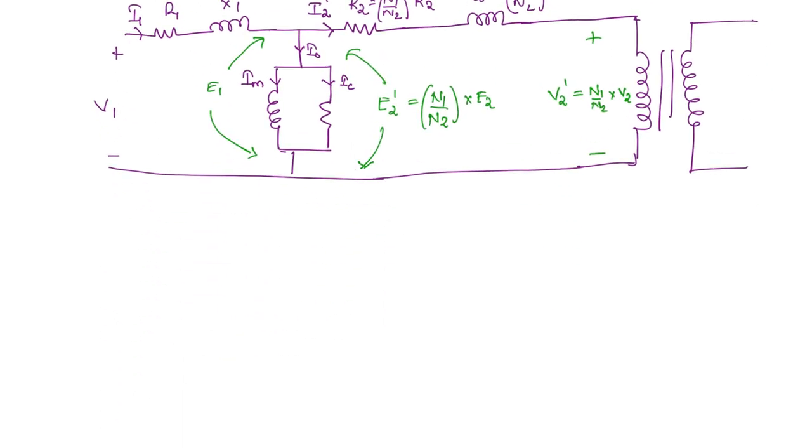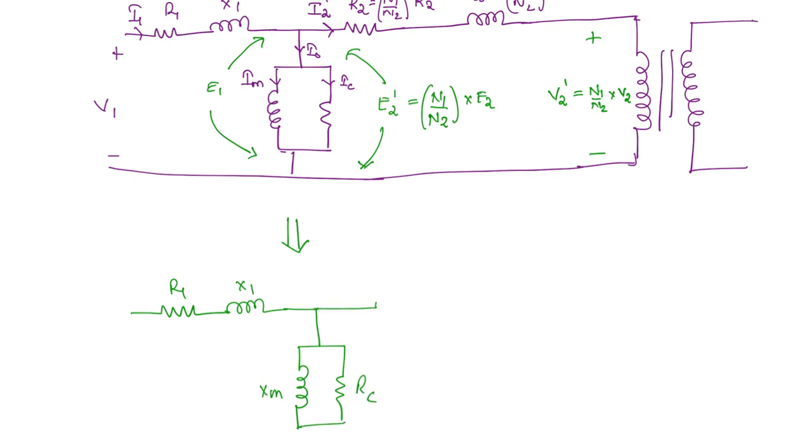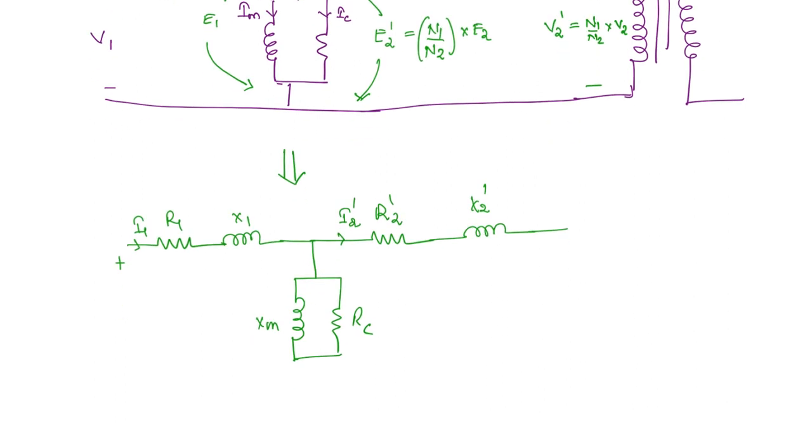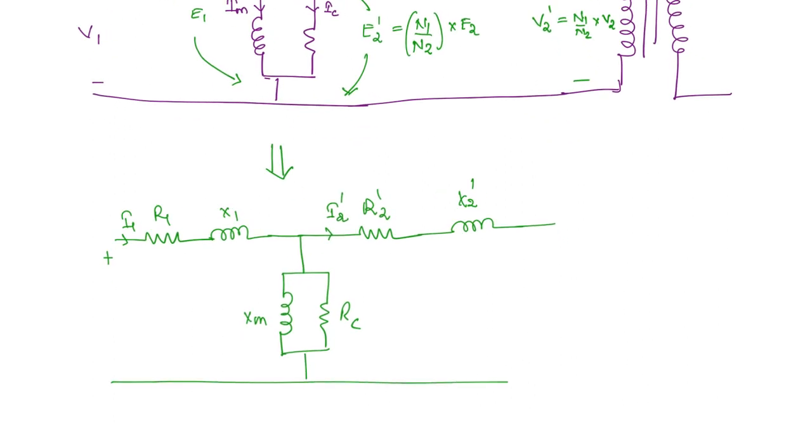What is the circuit finally? The equivalent circuit referred to the primary side is going to be R1, X1, shunt parameters XM, RC, and here you have R2 dash and X2 dash, and the currents are going to be I2 dash and I1, and the voltages are going to be V1 and V2 dash.